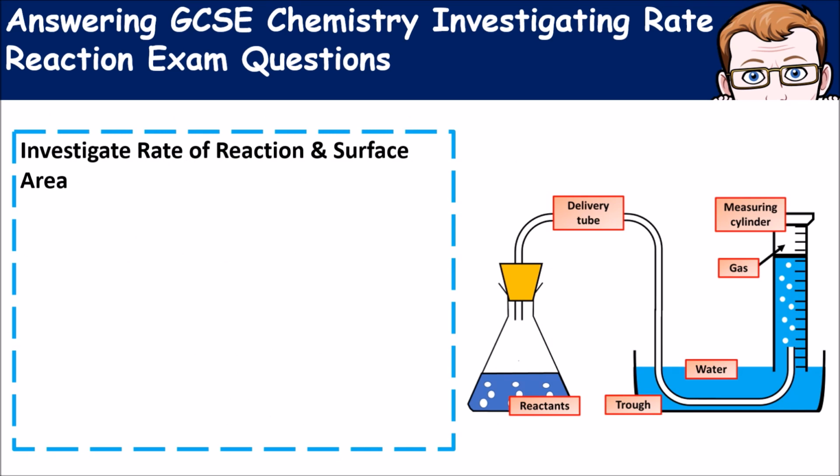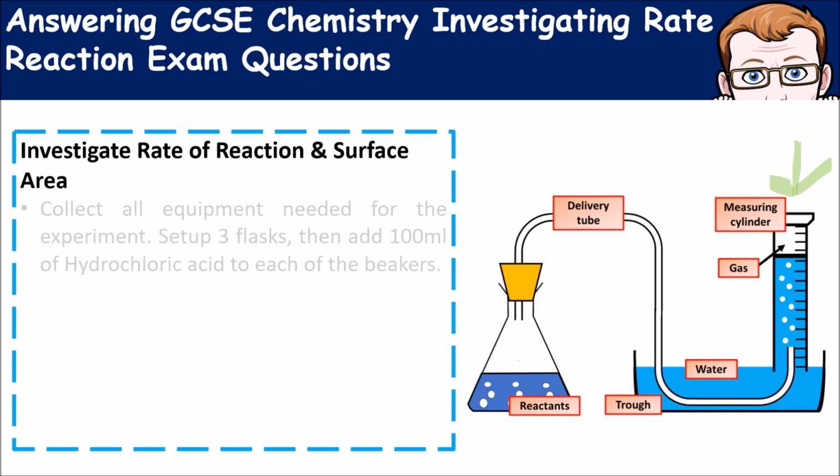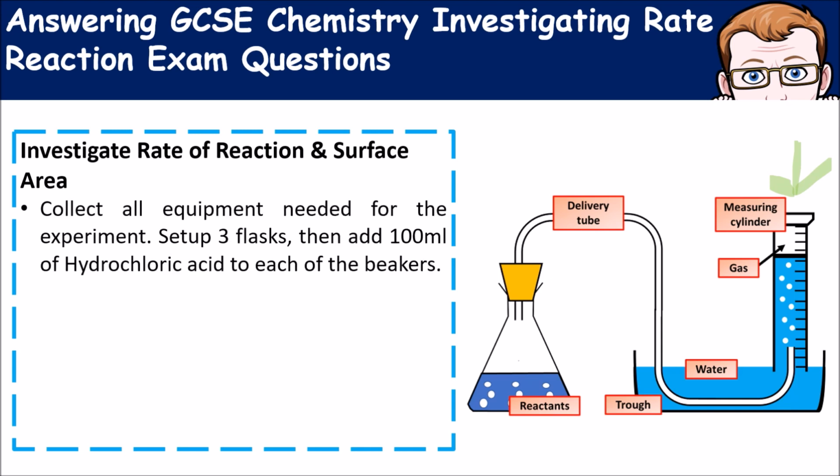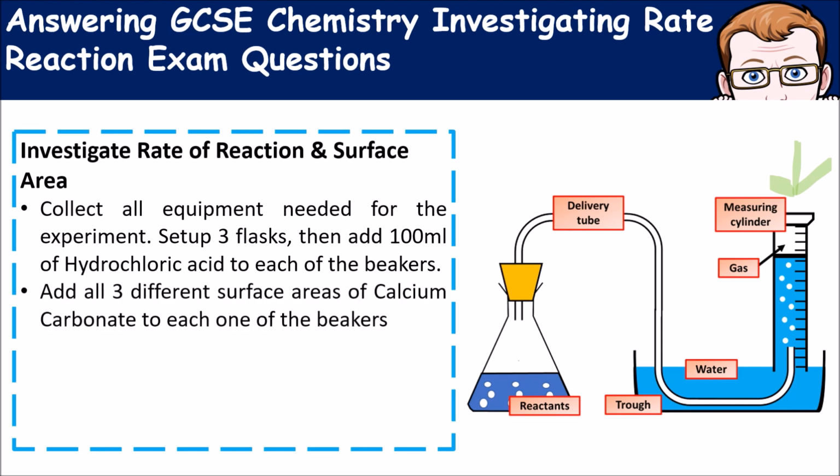The second way that we can look at rate of reaction is by measuring the amount of gas. One way to do this is by using an inverted measuring cylinder in a water bath. You'd set it up the same as before, and make sure you talk about the actual reaction that you're going to carry out.